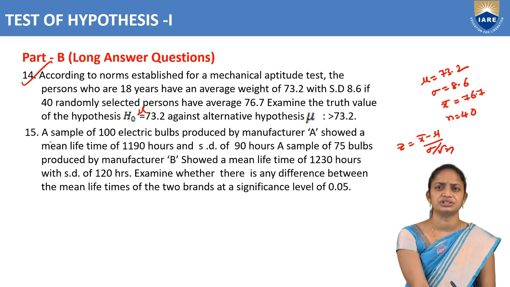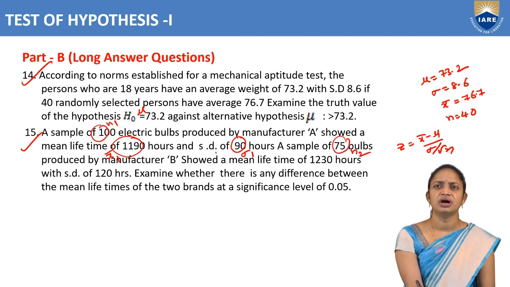So next, coming to the next question: a random sample of 100 electric bulbs produced by manufacturer A showed a mean life of 1190 hours. So here this is x1 bar, n1 and sigma 1, and for the second sample this is n2, x2 bar and sigma 2, or s2.